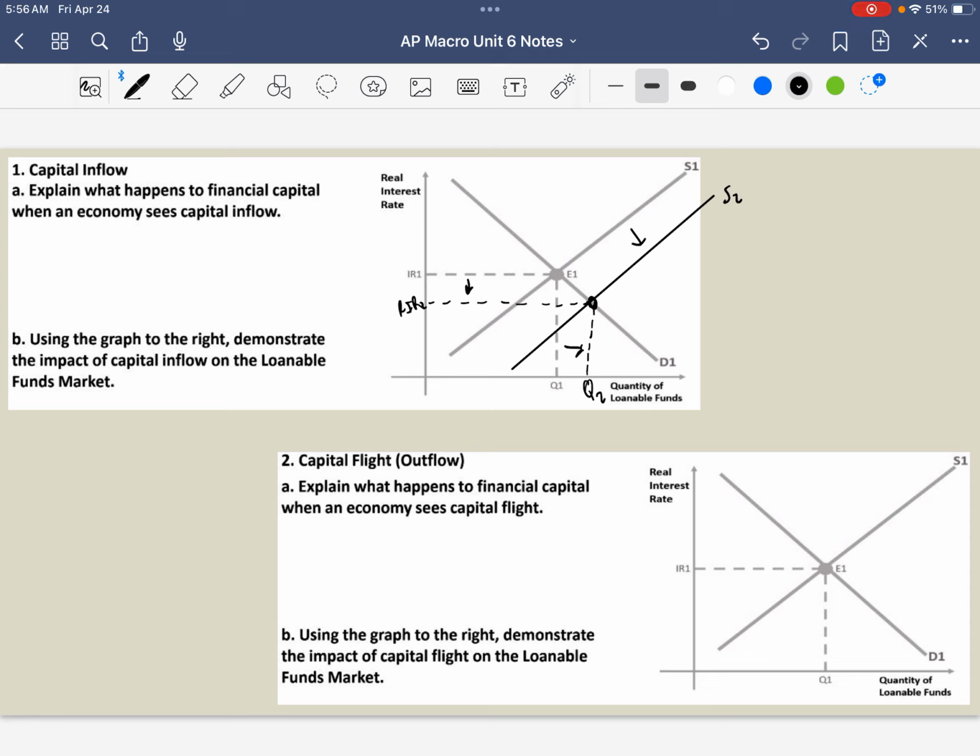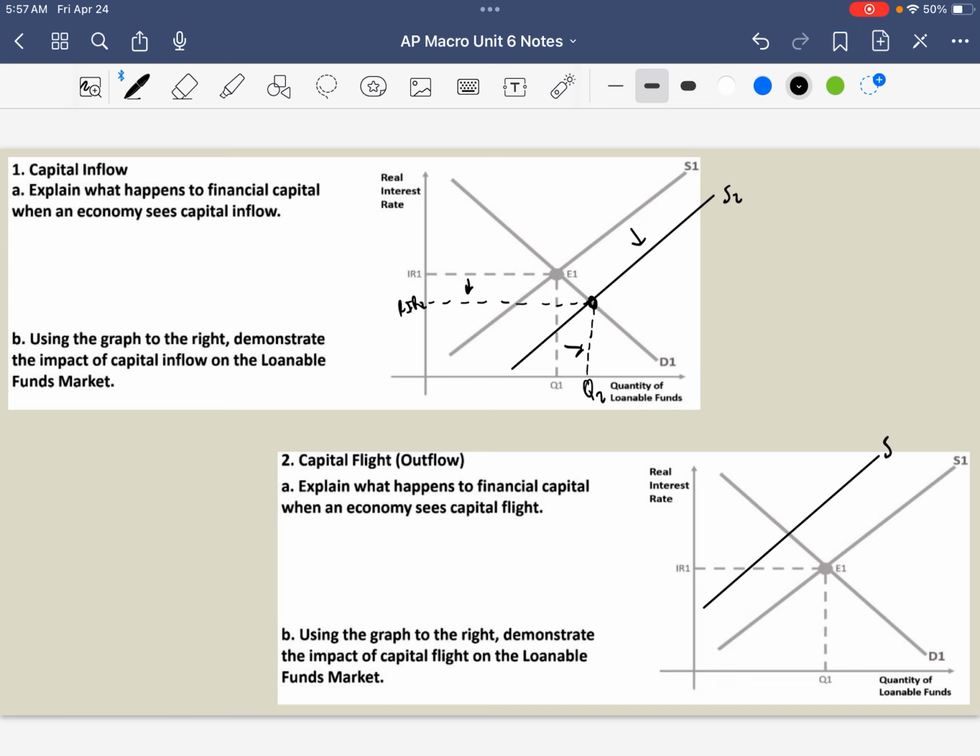Okay, so we'll see that if there's capital inflow, that means that real interest rates will go down because supply of loanable funds will increase. All right, now the opposite is also true. If there's capital flight or capital outflow, meaning Americans are spending more money overseas, Americans are buying more overseas things, Americans are investing in overseas bonds, and that means the supply of loanable funds will decrease.